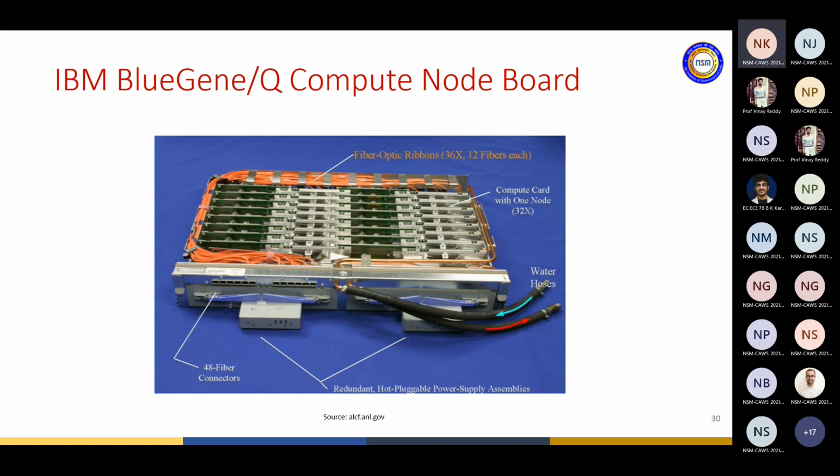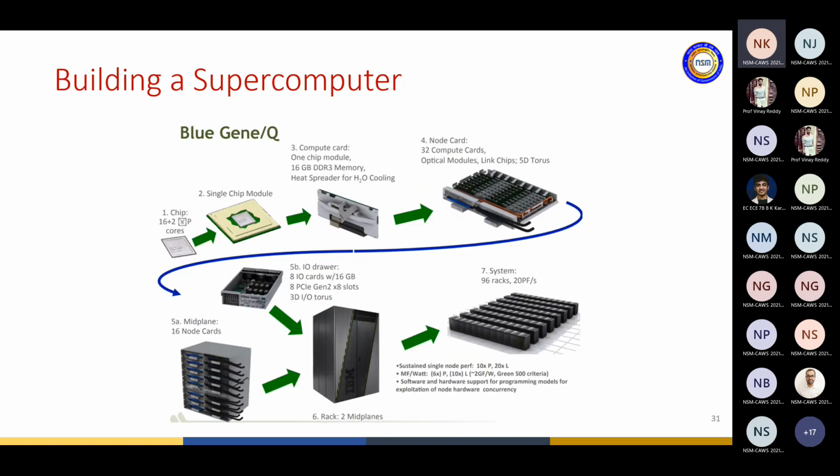And now we are talking of what? We have to reach 96,000 nodes, right? So how do we do that? This is a simple diagram that they show. We saw one node of BlueGene/Q. Then we saw 32 nodes were packed into one node board. And 16 of those node boards are packed into what they call a mid-plane.